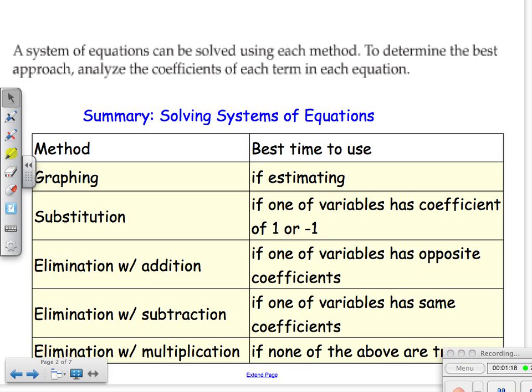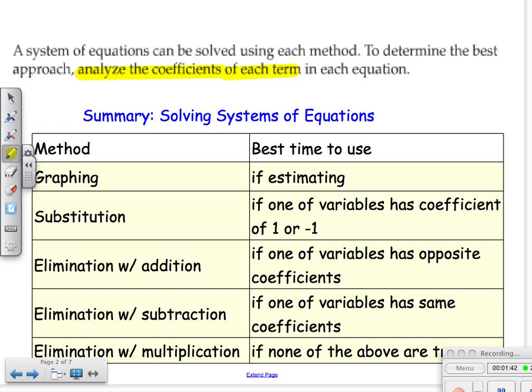Okay, so you can use any of these methods to solve the system of equations, but if you analyze the coefficients of each term, it can give you a hint as to what is the best one to use. So let's look at this. I might actually get my yellow marker out again.